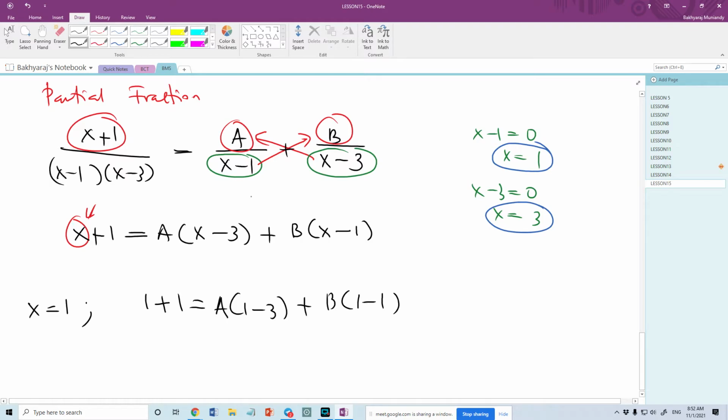So this part is eliminated. So we go for the last answer, and 1 plus 1 is 2 equal A times negative 2, we get negative 2A, so A will be 2 divided by negative 2, we get negative 1. So kita dapat A sama dengan negatif 1.